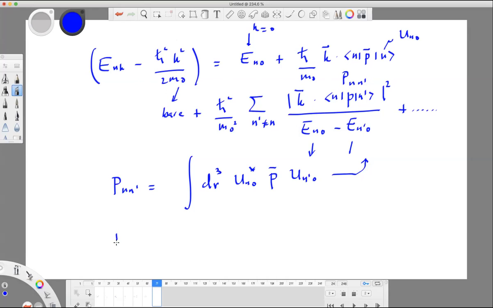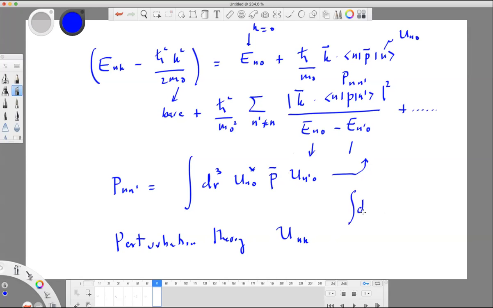Perturbation theory also gives an expression for the approximate value of the wave function, u_nk, in the vicinity, but I won't write it here because we won't use it. Also, this theory assumes that these wave functions that we know from the previous problem are an orthonormal set.